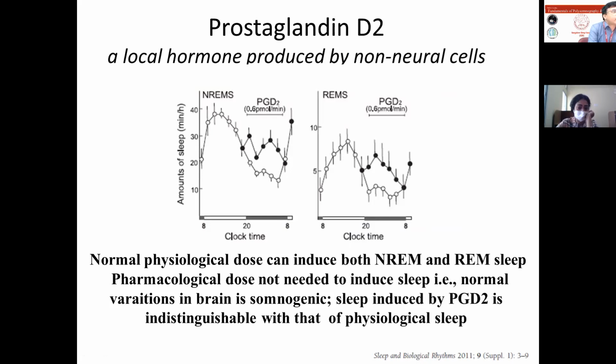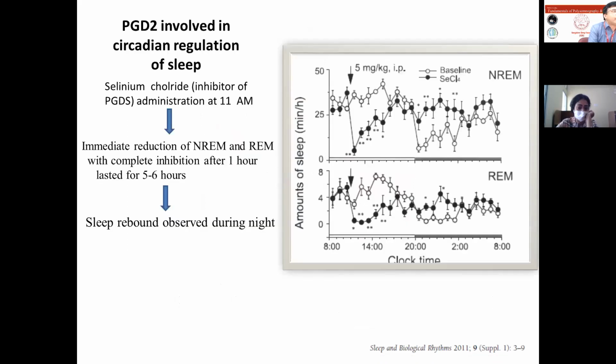So when a normal physiological dose is administered and it initiates sleep, it is very difficult to distinguish between normal sleep and sleep induced by prostaglandin D2. That is to say, even in our day-to-day activity, for all the wear and tear mechanism, when this cytokine or prostaglandin gets accumulated, it can induce normal physiological sleep.